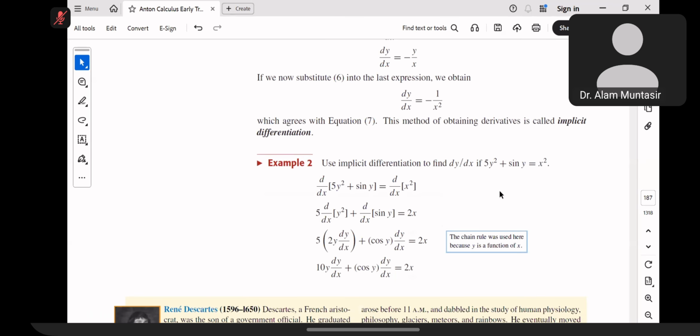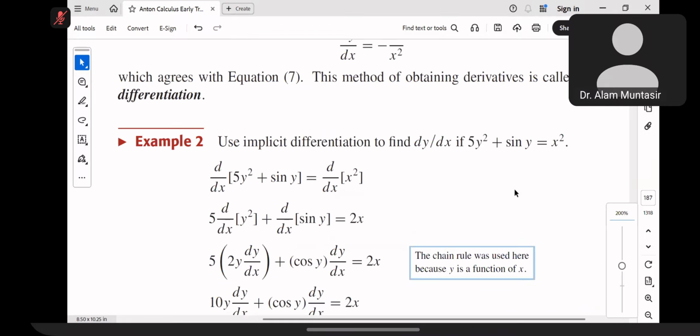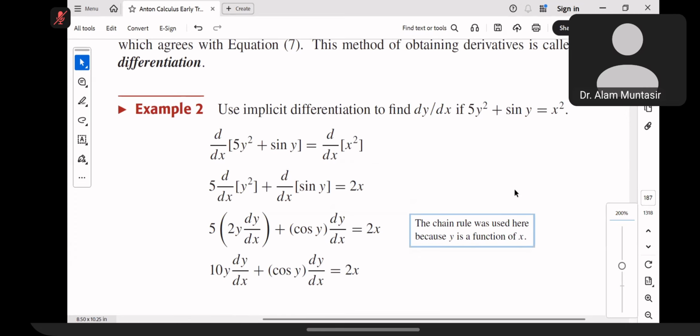So we'll show the application of implicit differentiation using a simple example, example 2. Example 2 gives us a very simple idea how implicit differentiation is done.